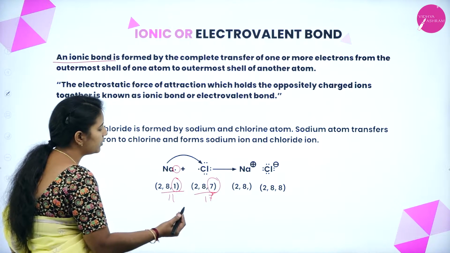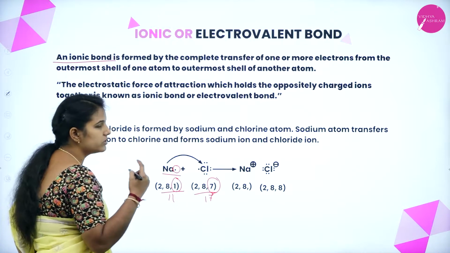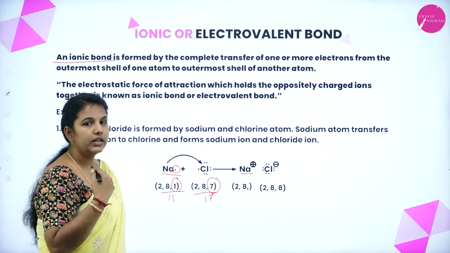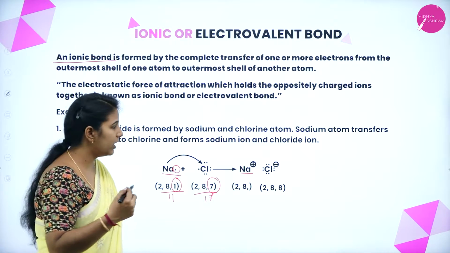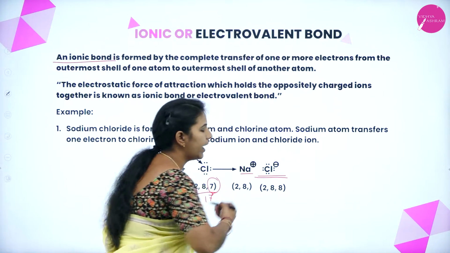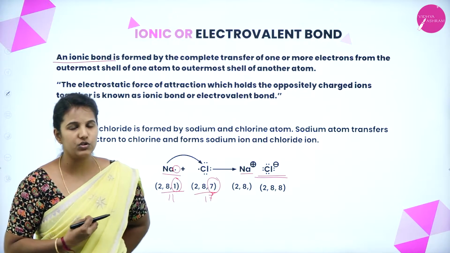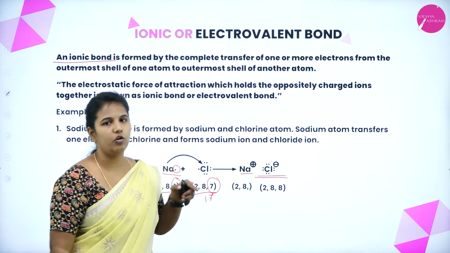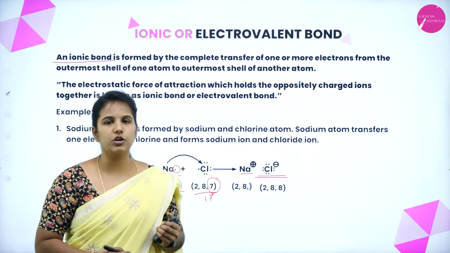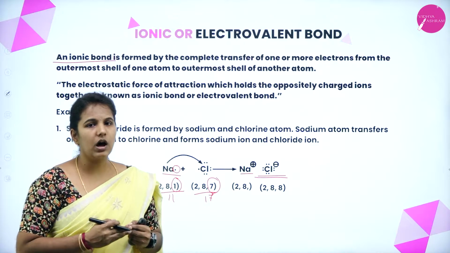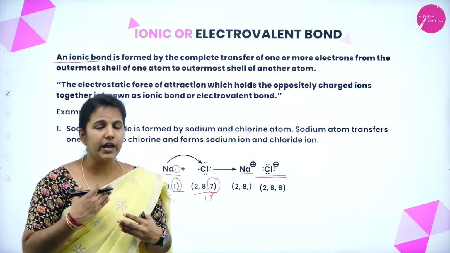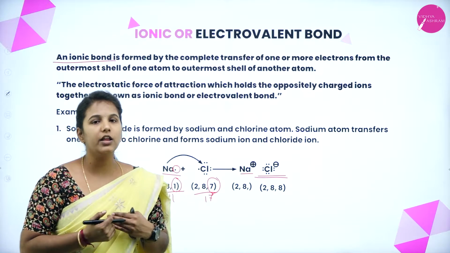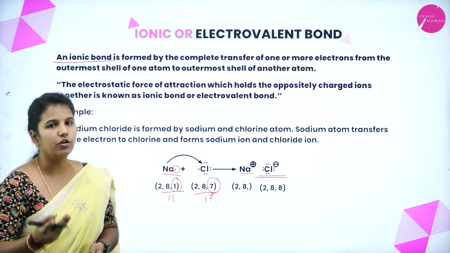In order to get a stable electronic configuration, sodium loses one electron and becomes Na plus. Chlorine accepts one electron and becomes chloride, that is, it gets a negative charge. So sodium loses one electron, which is accepted by the chlorine to get a stable electronic configuration. This is how we can easily understand that the electrostatic force of attraction exists between the cation and anion and results in the formation of the ionic bond.